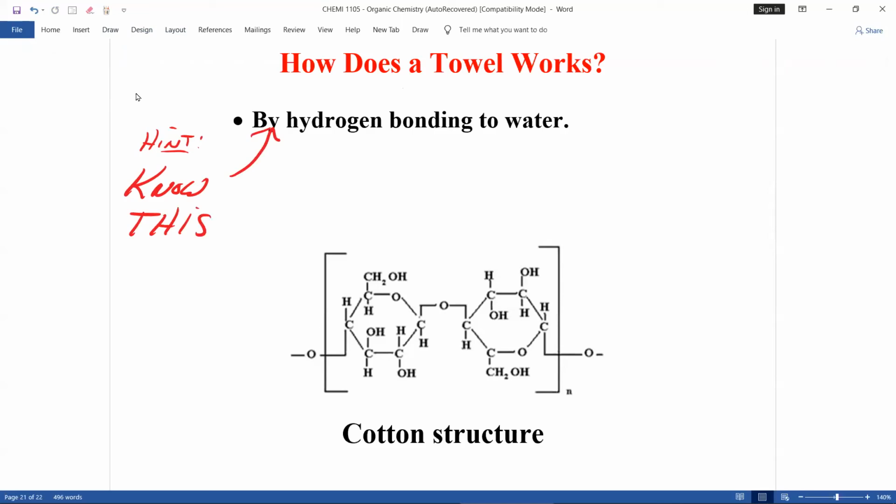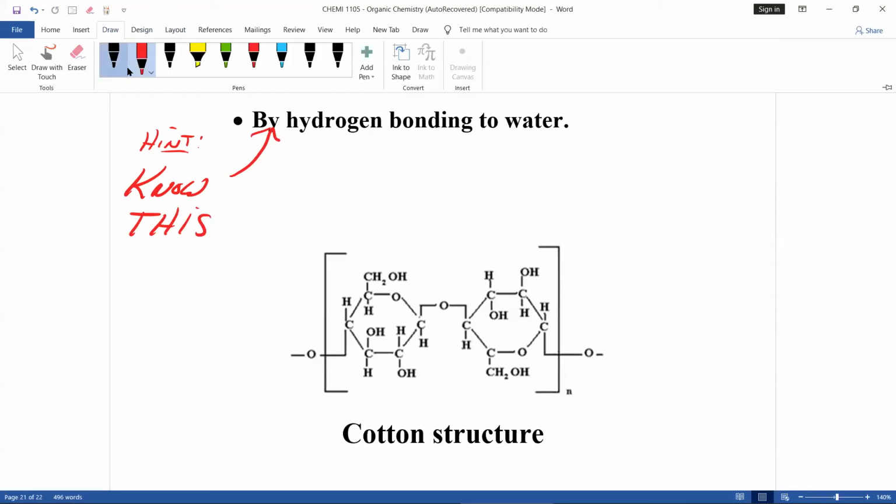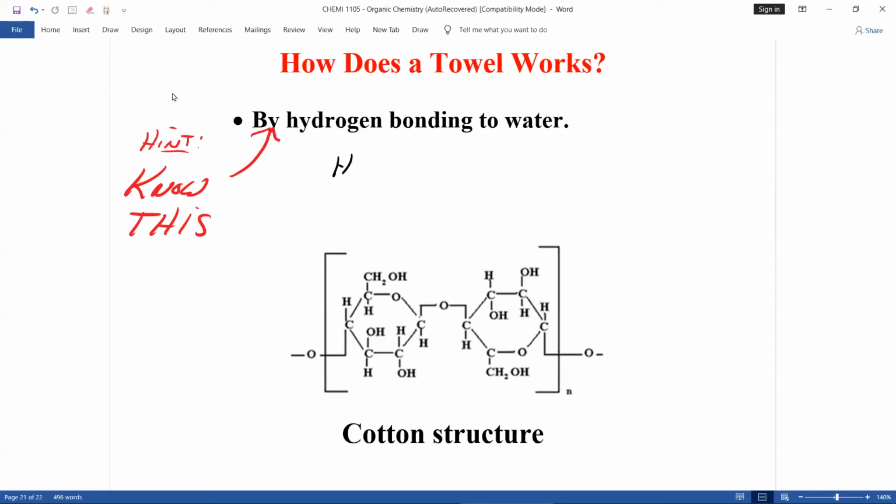Now, when we talk about water, I taught you earlier, there's a slight positive charge on hydrogen, slight negative on oxygen. If I have another water molecule, same thing.